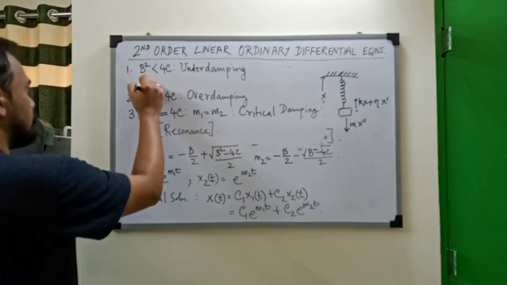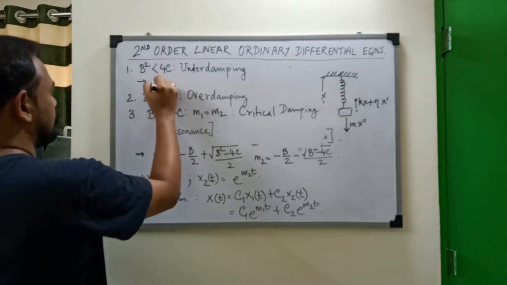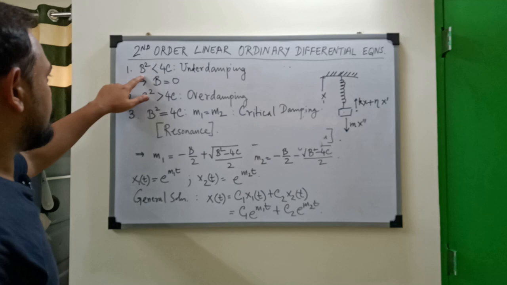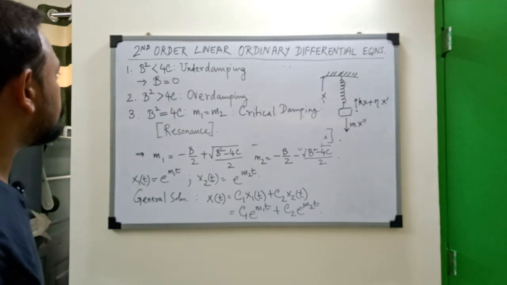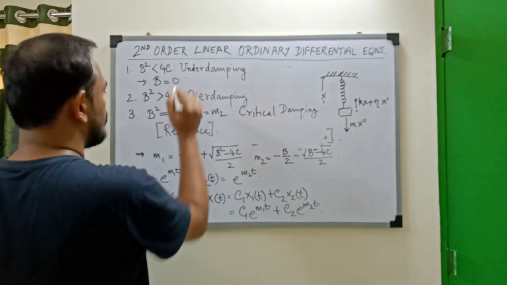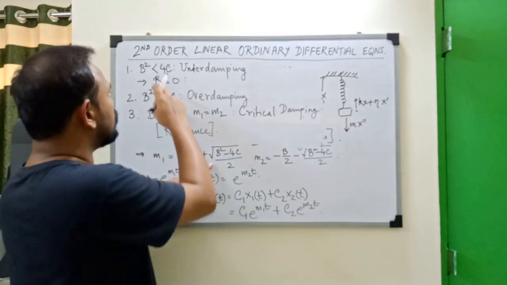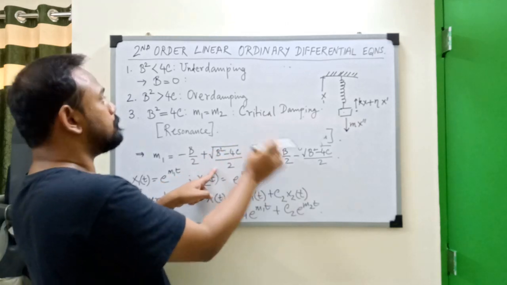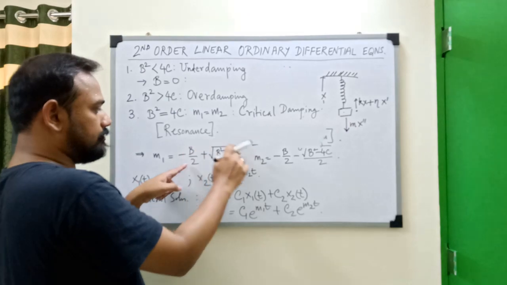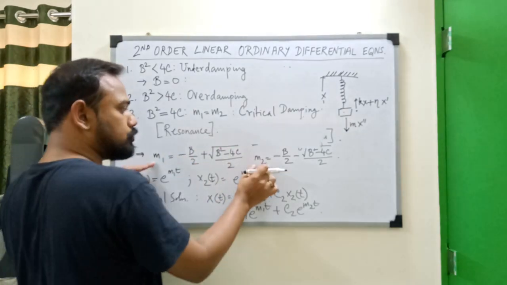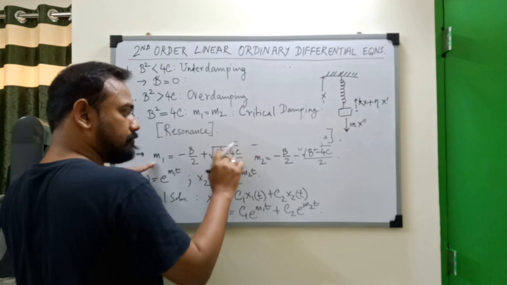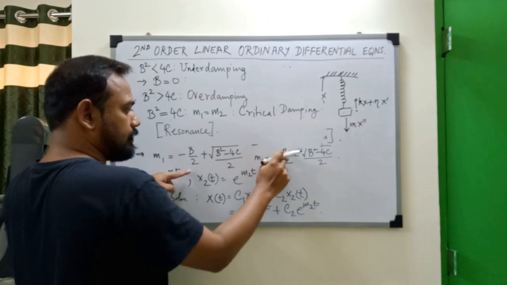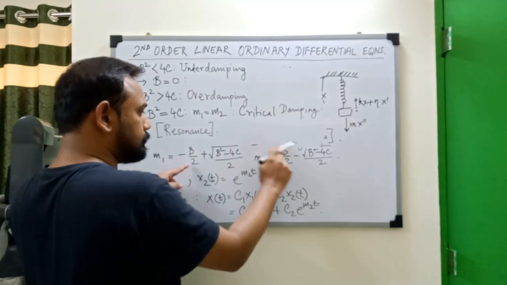I left out some space here because there could be another case where b is 0 altogether. b is less than 4c, but what if b is 0? In that case, if b is 0, then of course you have minus 4c, so it's a square root of a negative number. So it will still be a complex number. m1 and m2 will still be complex because you have a minus 4c underneath the root. But if b is 0, the real terms will also be 0.